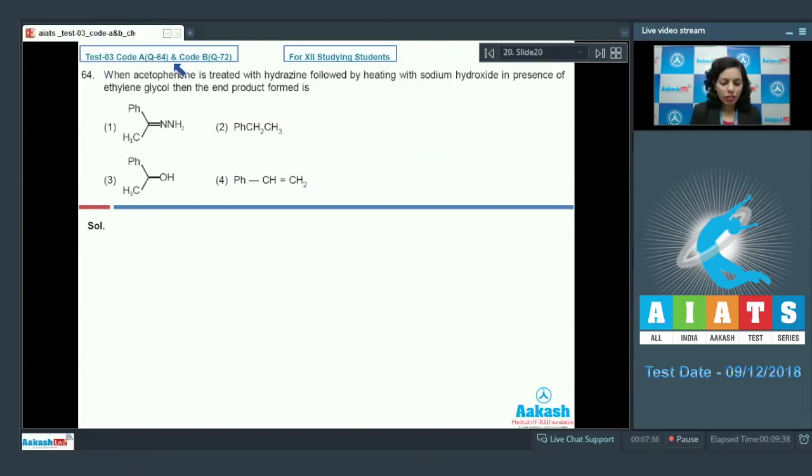Question number 64. When acetophenone is treated with hydrogen, followed by heating with sodium hydroxide in the presence of ethylene glycol, then the end product formed is. You have the substrate, you have the reagent, just identify which reaction it is. This reaction is Wolff-Kishner reduction.